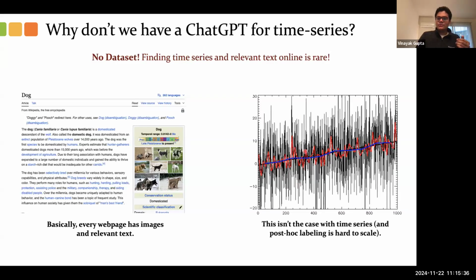But this is what a time series usually looks like. There are too many scribbles, too many noises, and it's very tough to find someone to give you a textual explanation of what's going on here. And even if you find someone, if you find a domain expert for ECG, or a finance expert for finance time series, and you ask them to label them, that data set won't be enough to train a large language model.